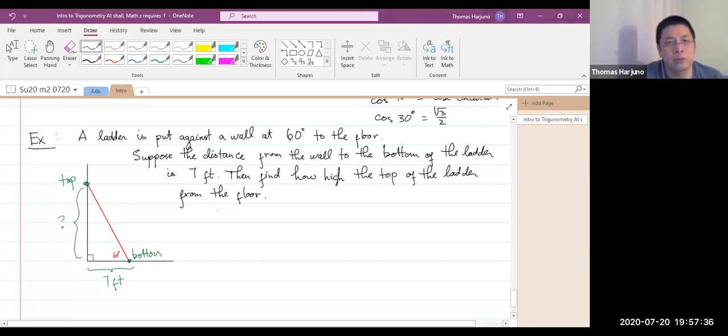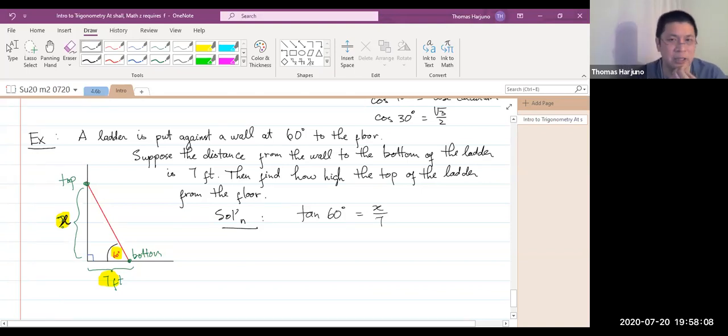Solution. Of course, you sketch the graph first, and then you say, suppose this is my x here. What relates this 60 degrees with that x, with that 7? Which function? The tangent, right? Tangent 60 degrees equals x over 7.